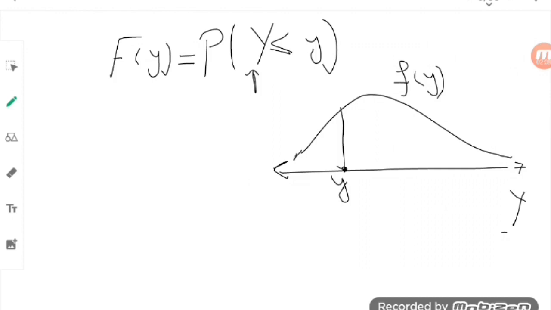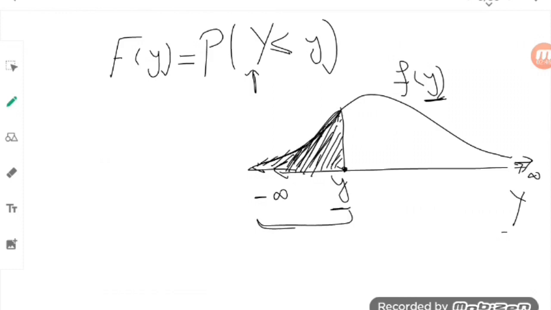So all we need is to compute this shaded area on the left under the PDF, on the left of the value small y. So this means if we define the range over which y takes value, this will be from negative infinity to infinity. So this means we need to find this area under this curve, which is here denoted by the shaded area, according to a probability statement.